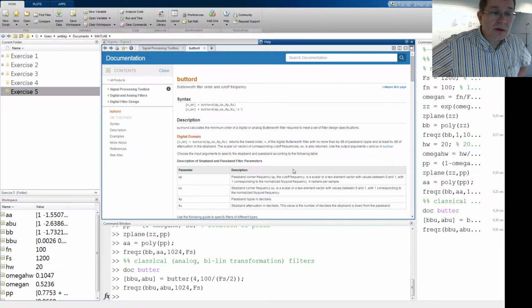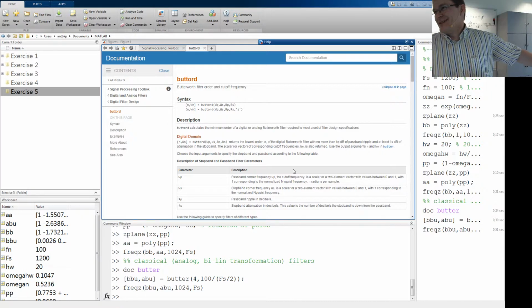Oh, that's nice. It reaches the lowest order n of the digital Butterworth filter, but with no more than Rp dB of passband ripple. Mathematicians think that there is a ripple on a Butterworth filter. It doesn't have ripple. It's a rippleless filter. But anyways, I think that one defines the design point.